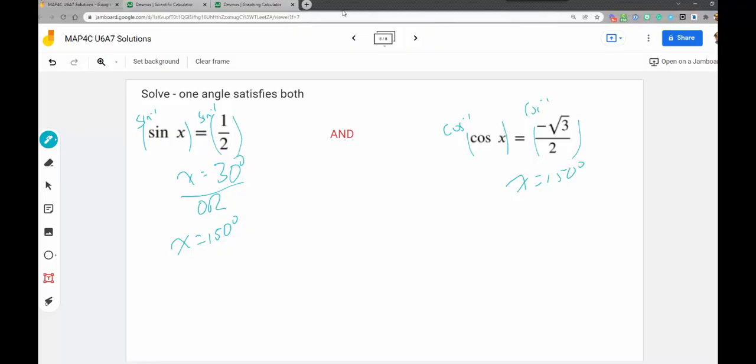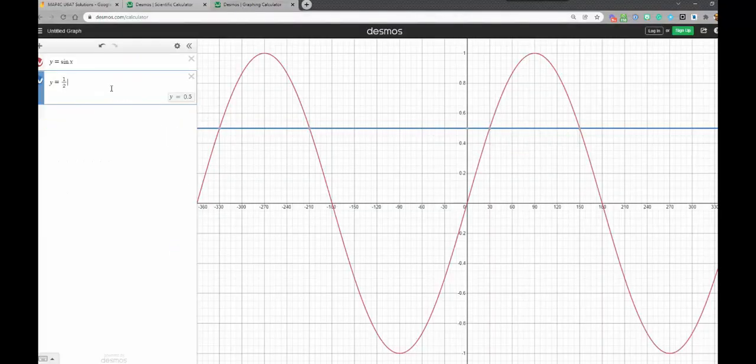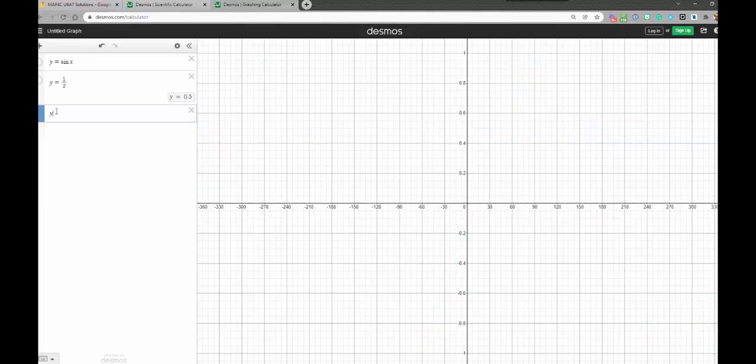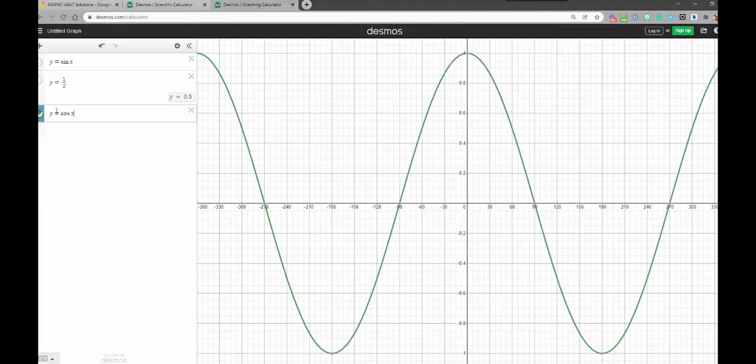But again, if I wanted to graph this, I can turn these graphs off so I only see this one. Y equals cos x, and I want y equals negative square root of 3, arrow to the right, divided by 2.